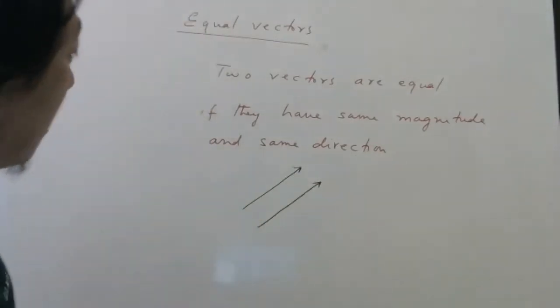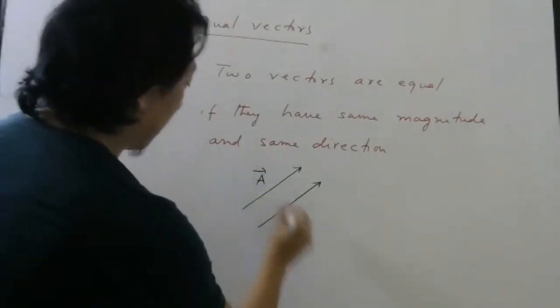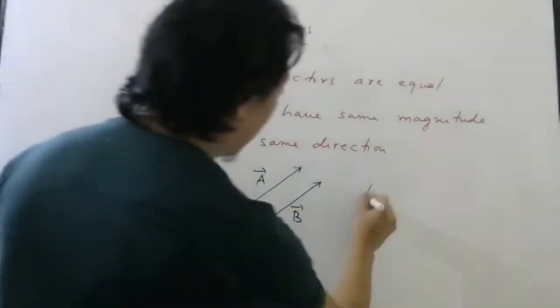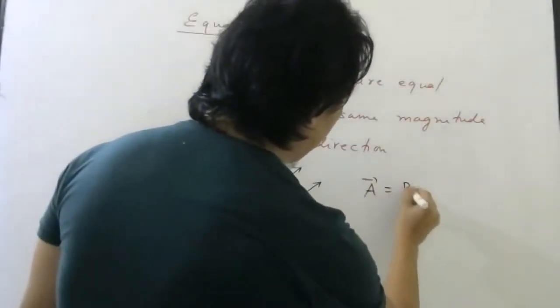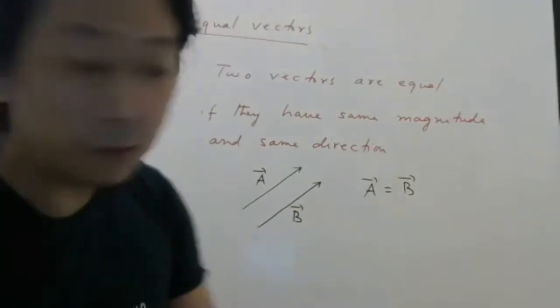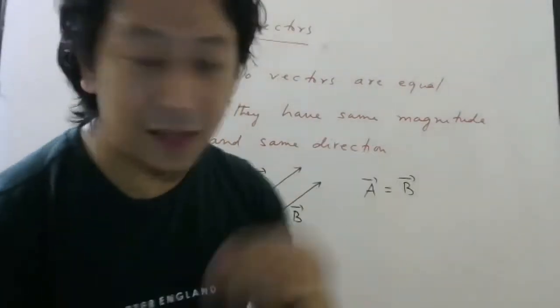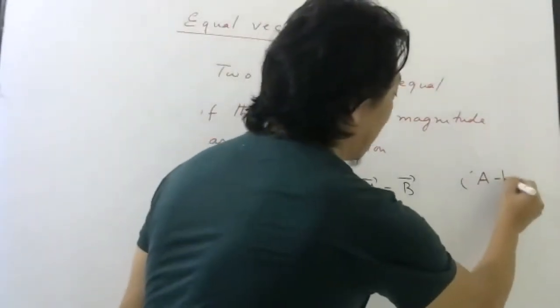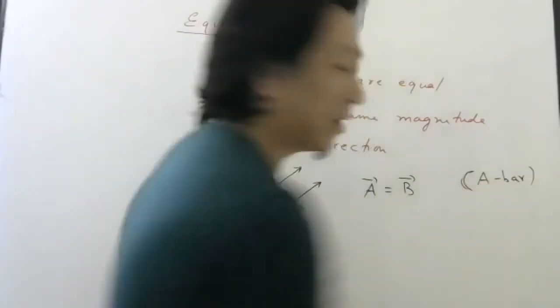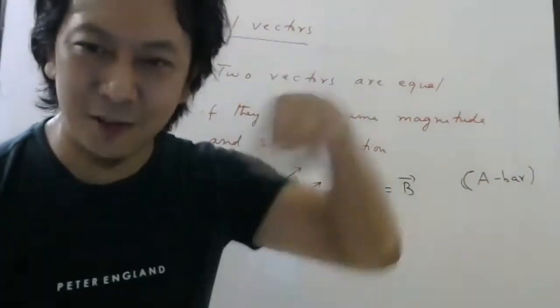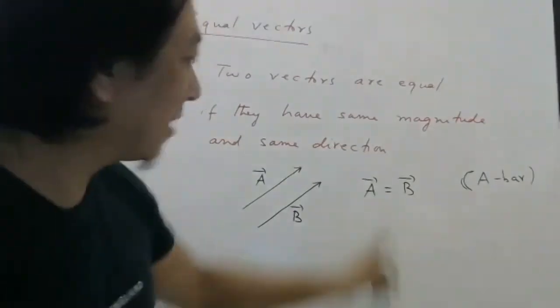Okay, so keep this in mind. So if this is A bar and this is B bar, then you can write A bar equal to B bar. While talking, we say A bar, A bar, A bar. We cannot tell exactly the A with an arrow mark on top. So A bar equal to B bar.